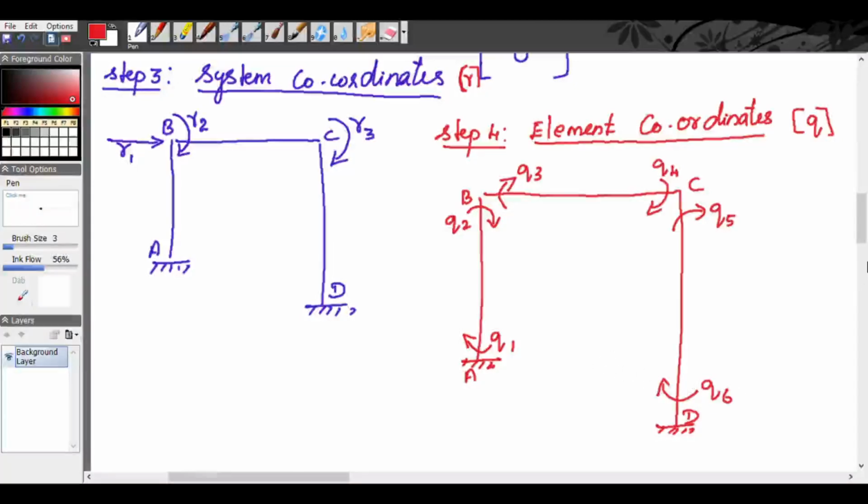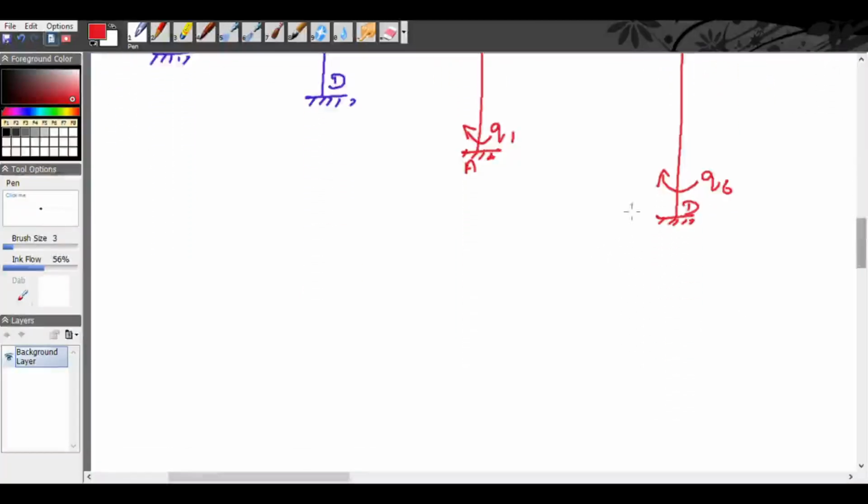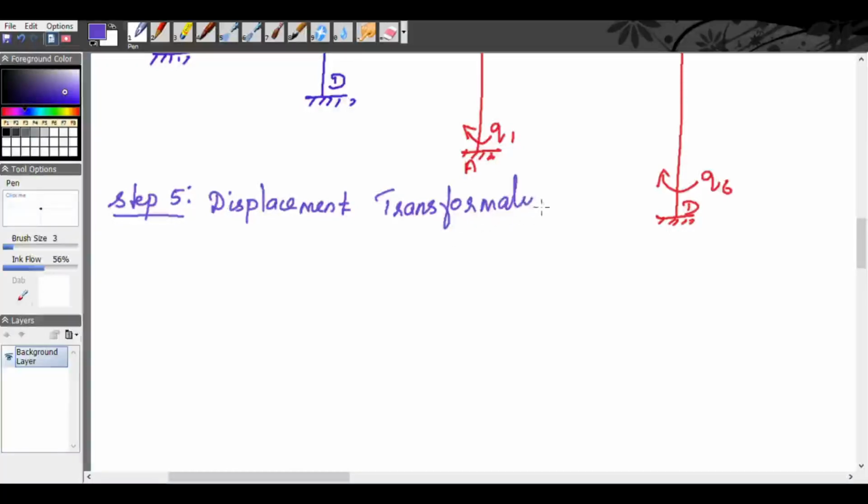Now we will move on to step 5, the determination of the displacement transformation matrix. Very important, right? The symbol for the displacement transformation matrix is beta.